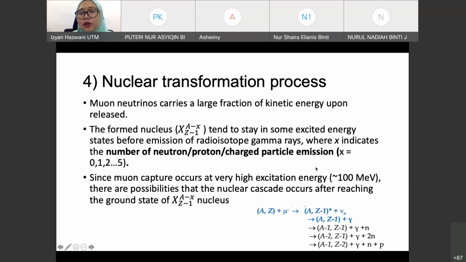For light nuclei, there is some probability of charged particle emission, such as protons or alpha particles. But for medium heavy nuclei, it is mostly neutrons, about 85% onwards, while for light nuclei it is about 60 to 70% neutrons.